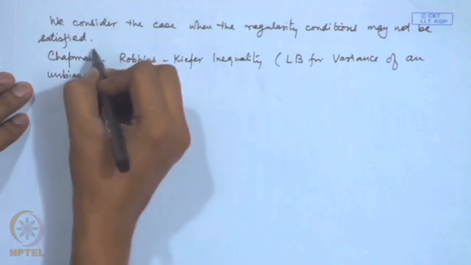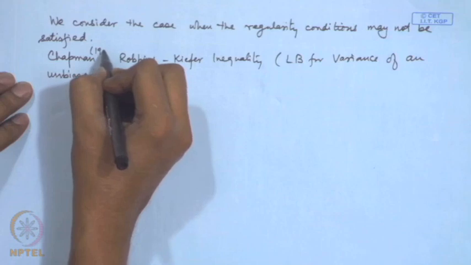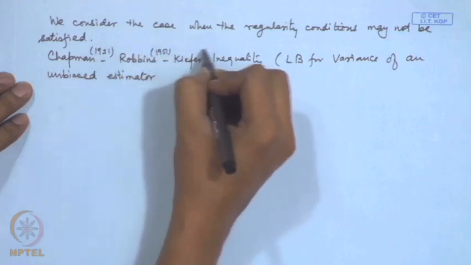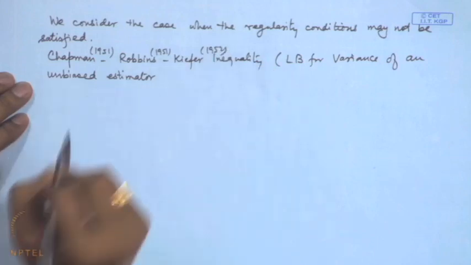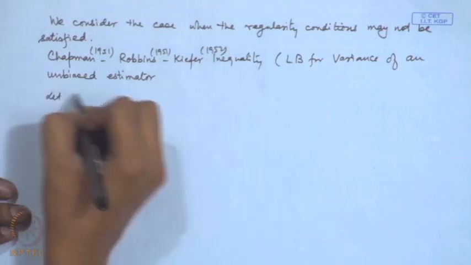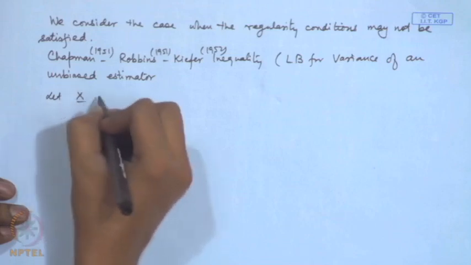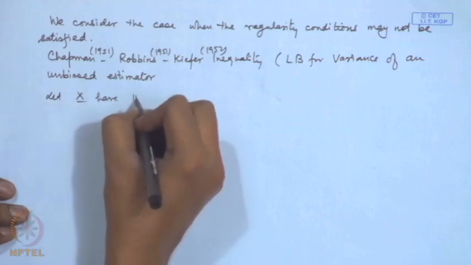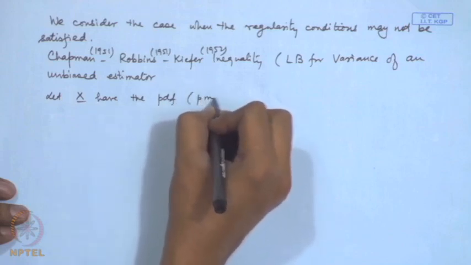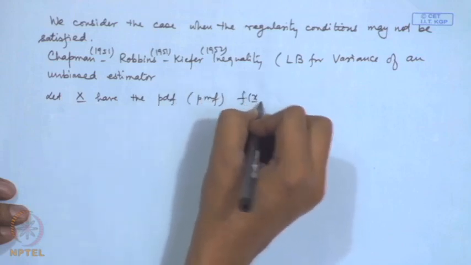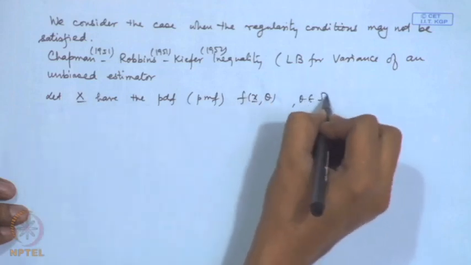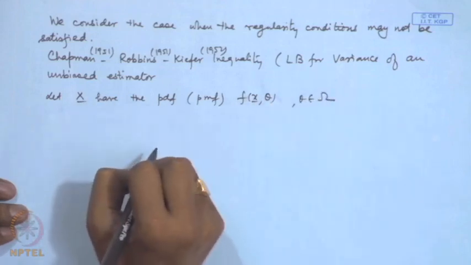So, this is developed by D.G. Chapman, Robbins and Kiefer. So, let X have the probability density function or probability mass function f(x, theta), I am already writing for the sample here, where theta belongs to omega.